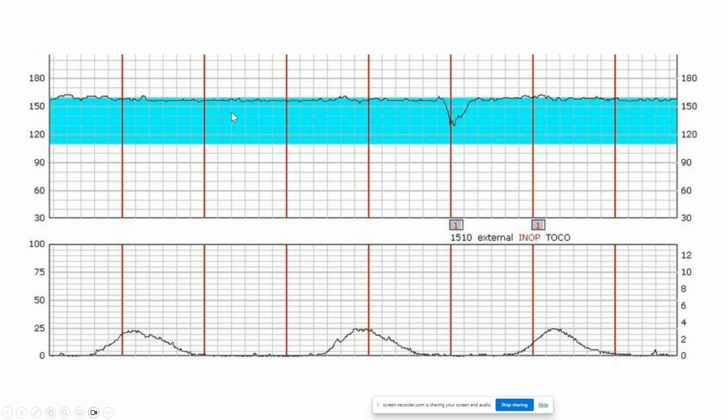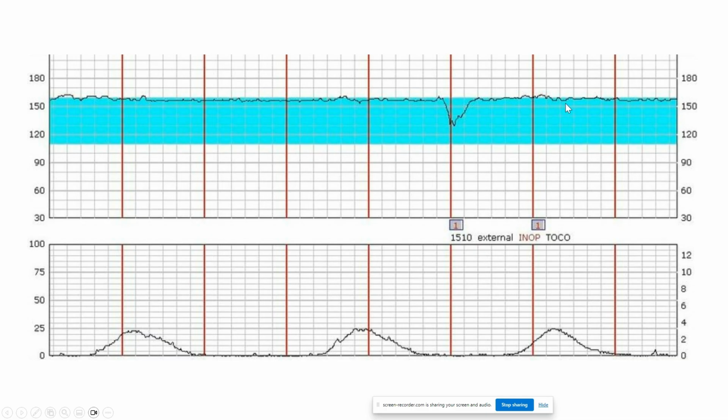Now, while we're talking about the heart rate or the baseline, what do you think the baseline is here? Well, we know that this is 150 and this right here would be 160. Now, it's kind of in between the 150 and 160. It's kind of in the middle.